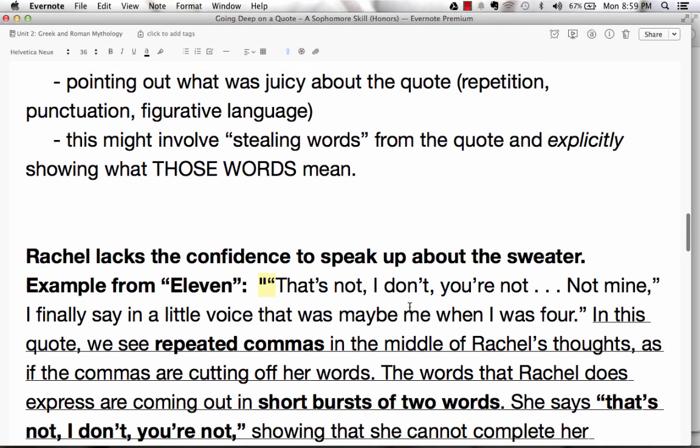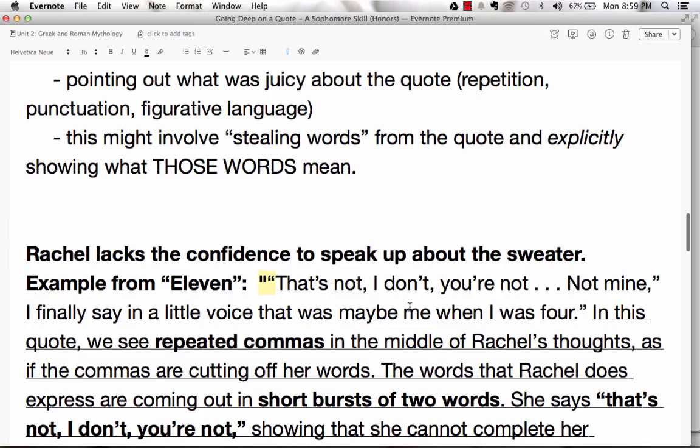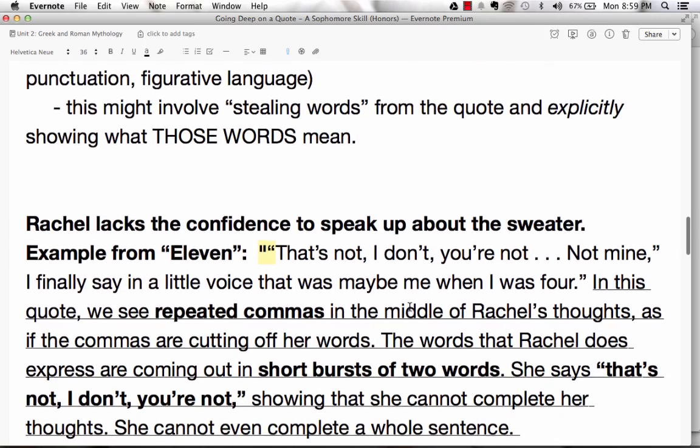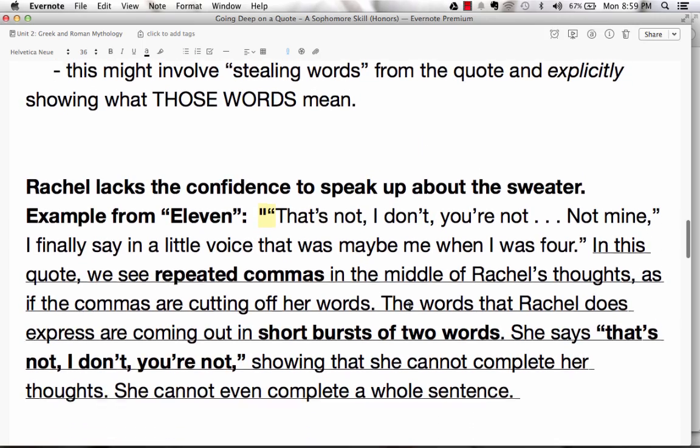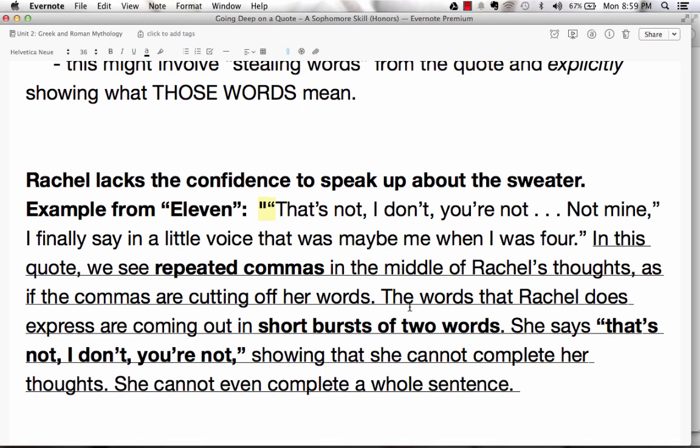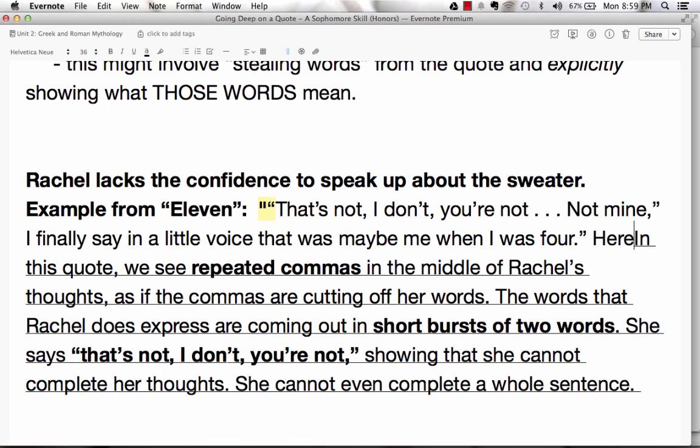Pointing out what was juicy, the repetition, and also stealing some of the words. So grabbing some words from the quote that I thought were especially effective and talking about why they were effective. So I transition into my E2 with something like in this quote. I could also say here. I could also say in this example.